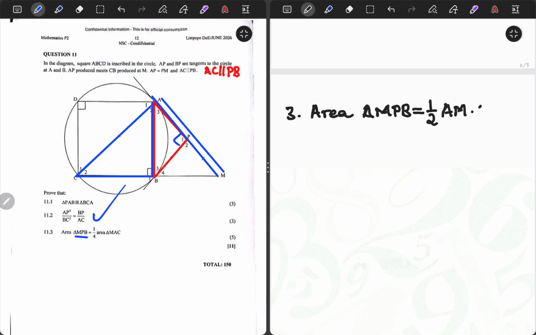Here it should be half base multiplied by height. Okay, so what's gonna happen here?